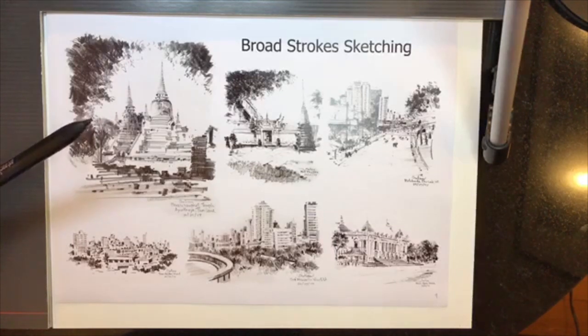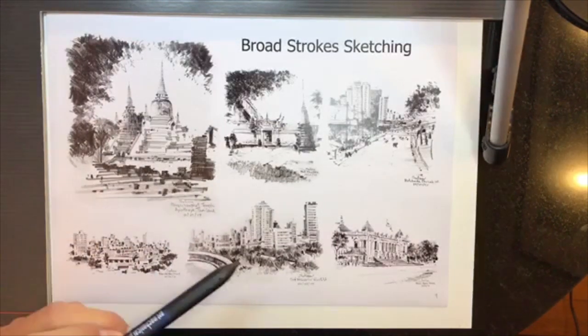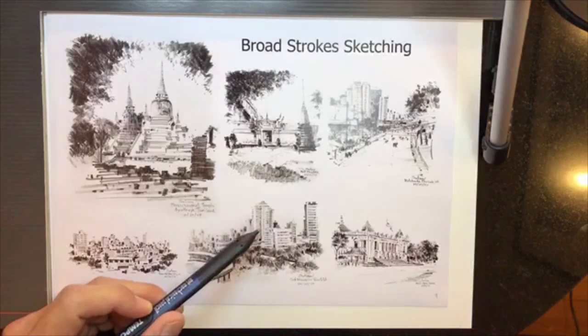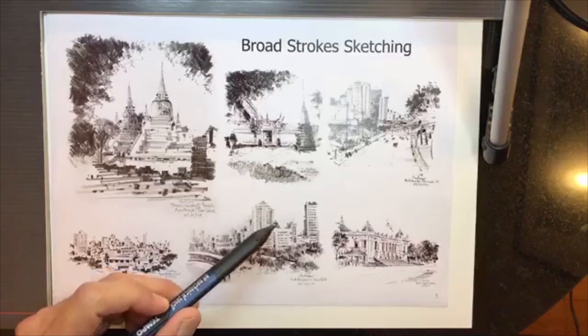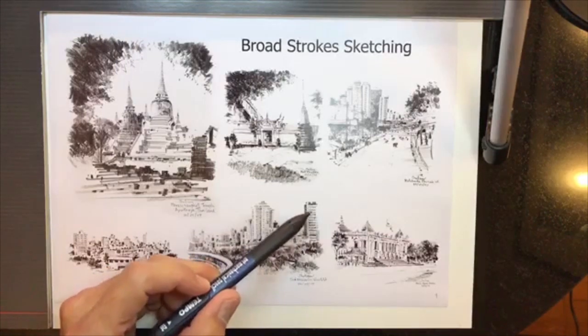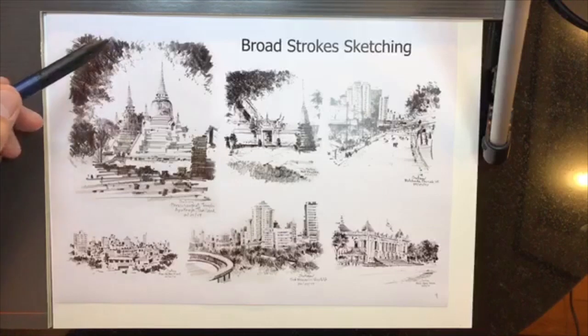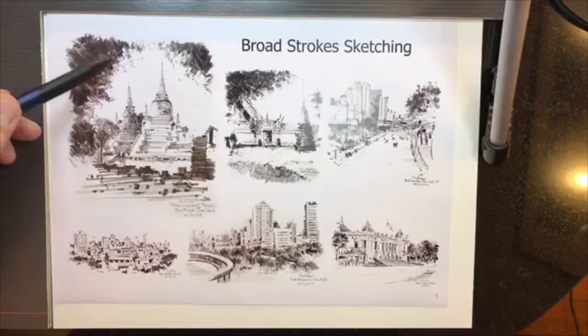The lead will be bigger than the normal. We will see the sample lines in this picture. The window of the building has a broad line, right? Not the small line. You see the tree, the stroke is bigger than a normal pencil.